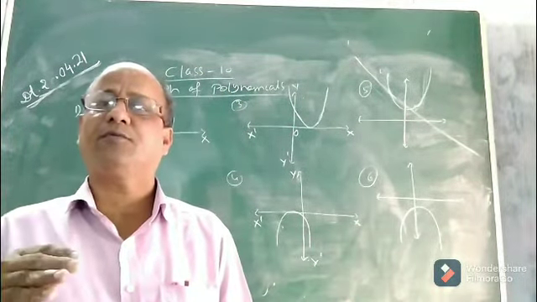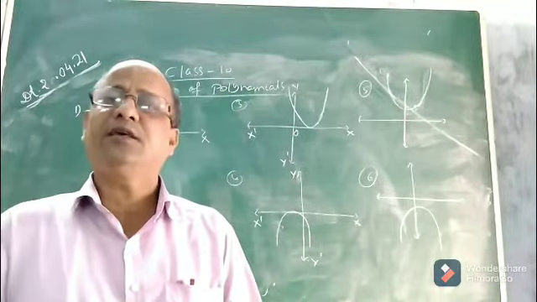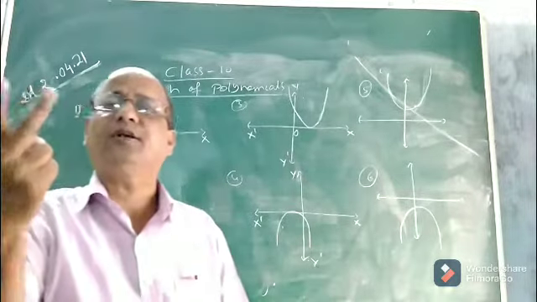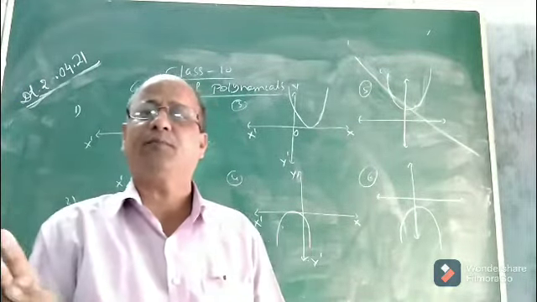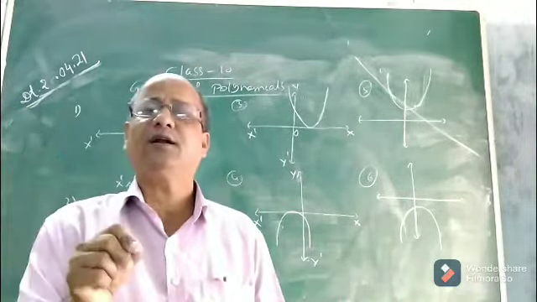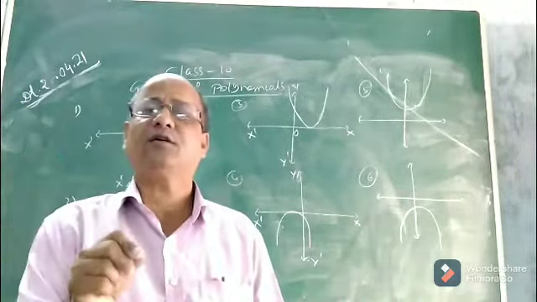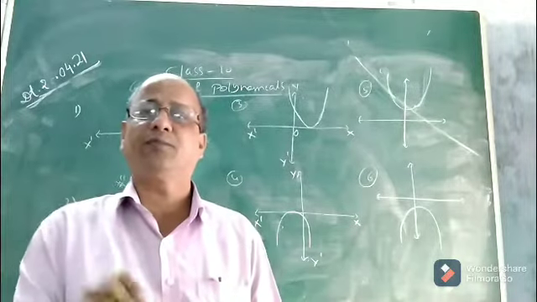First you draw the graph of the quadratic polynomial and you see if it cuts the x-axis. If the parabola obtained cuts the x-axis in two distinct, means two different points, then you find the x-coordinates of those 2 points and the x-coordinates of those 2 points will be the required zeros of the quadratic polynomial.